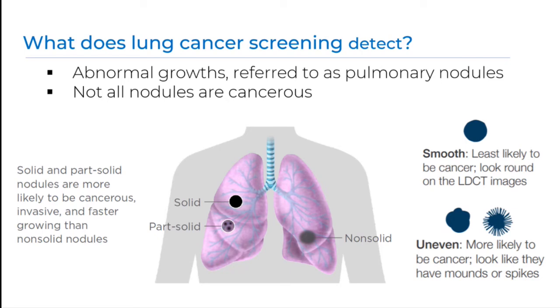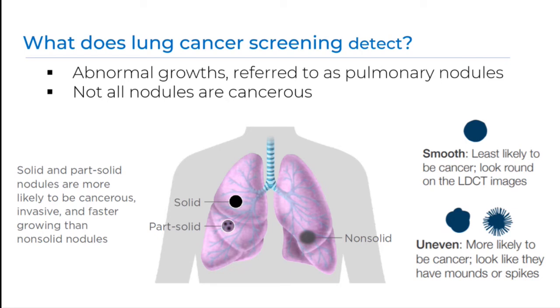Nodules that are more solid or part solid tend to be more associated with cancer. And then you can differentiate nodules based on the shape. If they're more round, they're less likely to be associated with cancer. If they're more uneven and have spikes, they're more likely to be associated with cancer. So that's what these screening CT scans are looking for, these abnormal nodules.